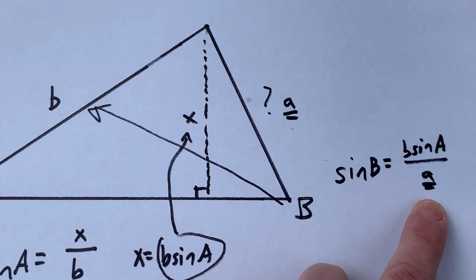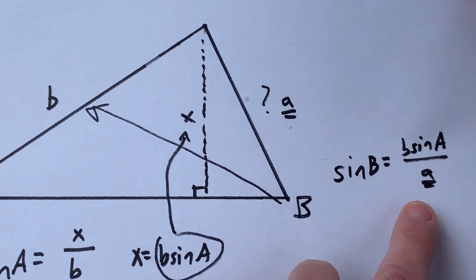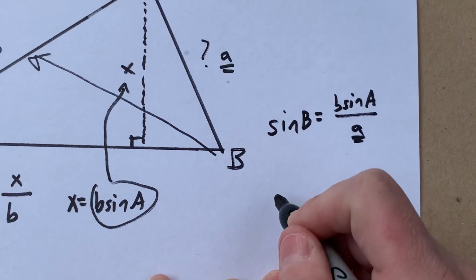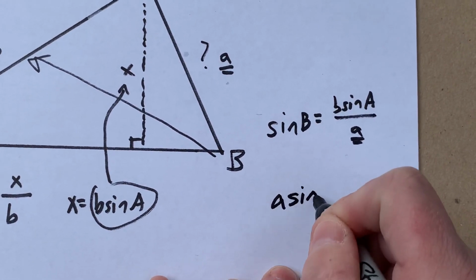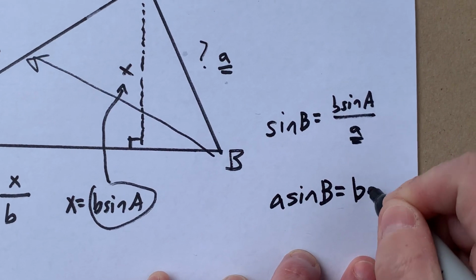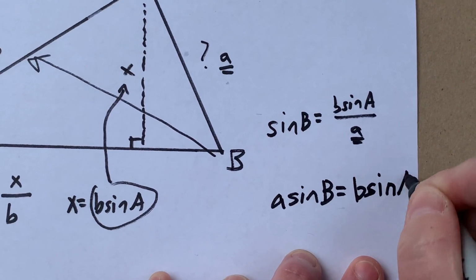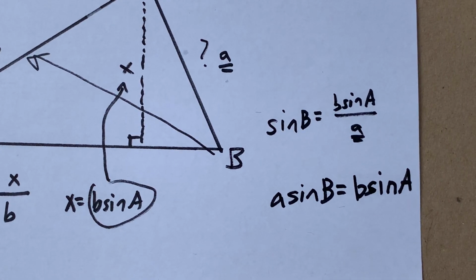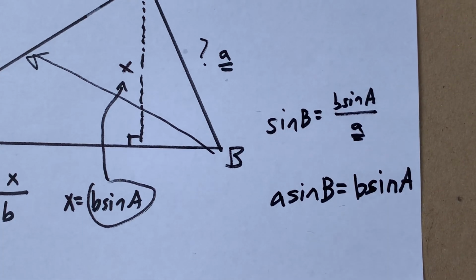So if I wanted to solve for that, I could multiply that to the other side. a sine B is equal to b sine A. And you know what? That looks like a really super intriguing equation right there.